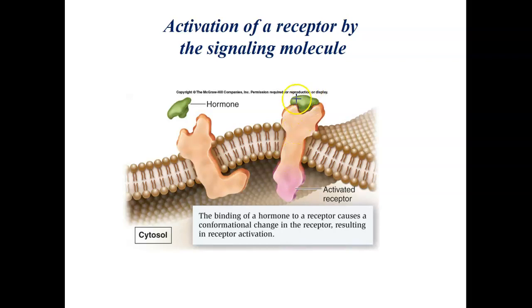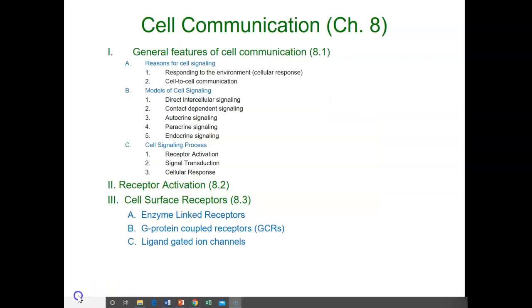Once the ligand dissociates from the receptor, the receptor itself will go back to that unactivated state. We'll keep coming back to these terms, so make sure you feel comfortable identifying what is the signaling molecule and what is the receptor, what are the signaling events that take place within the cell, and then ultimately what is the particular cellular response.